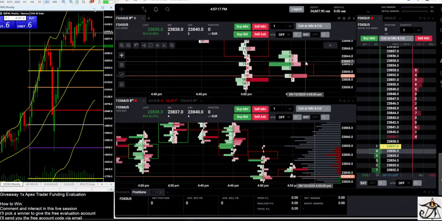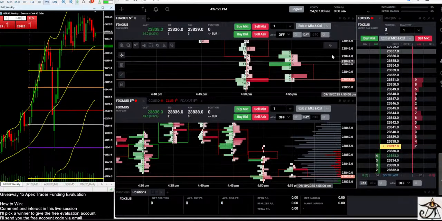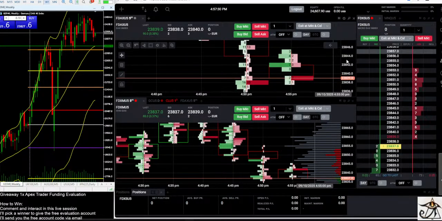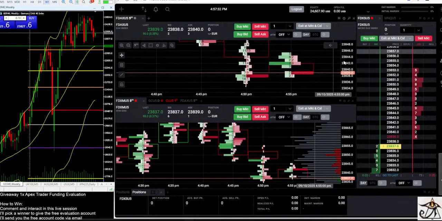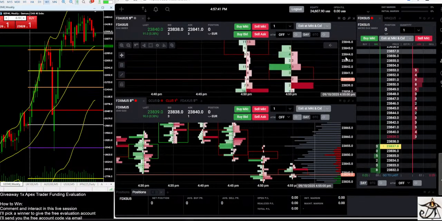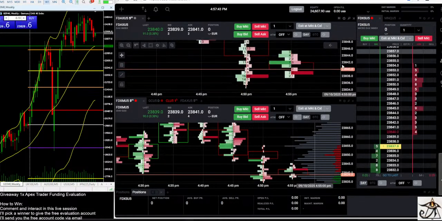Because we were in profit of about $300, our trailing drawdown is a little bit tighter than if we were to start at break-even, but that's okay. That's part of the game when it comes to Apex Trader Funding. You've got to be skilled enough to navigate your way out of these losing situations, get yourself into profit and go at it with a bit more confidence later on.